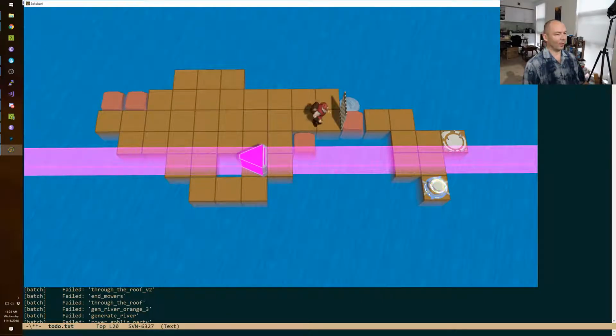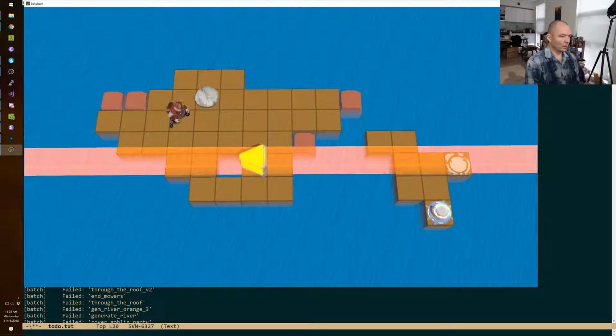So we need to fix that. Like that probably means this one is exploitable also.